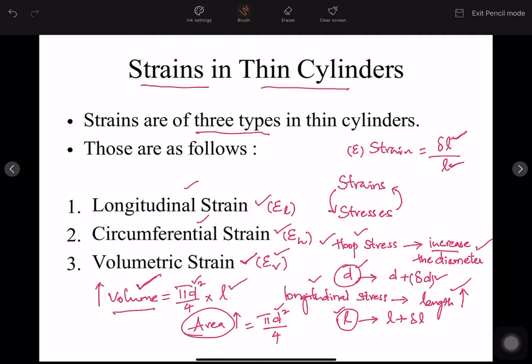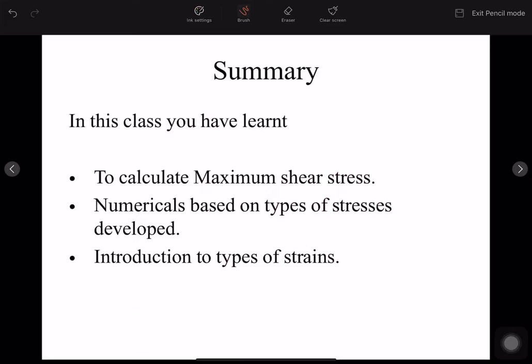This is just an introduction to the types of strains. In the next class, we'll derive an equation for all these types of strains, and further we can solve some numericals also.